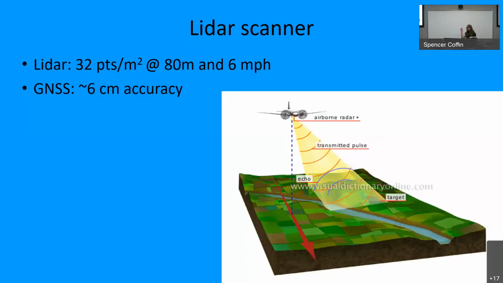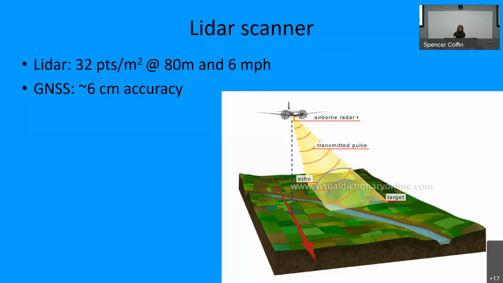The LiDAR is constantly operating, so if I am flying slowly over a plot, I get much higher density in the point cloud, whereas if I'm flying fast, I get fewer points. In comparison, most manned airborne LiDAR data have anywhere between 5 to 15, 20 or so points per square meter.